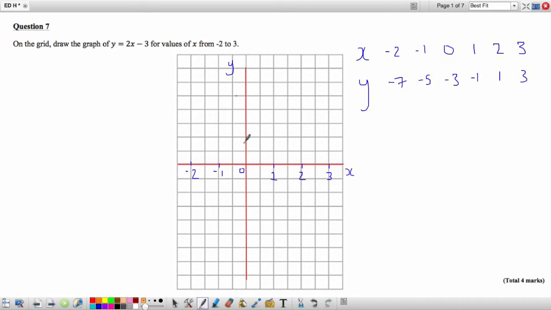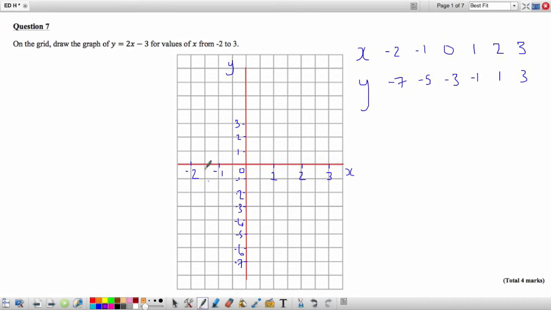For y, we need to go as high as 3 and as low as -7. So we will go here, -1, -2, 3, and +1, 2, 3.